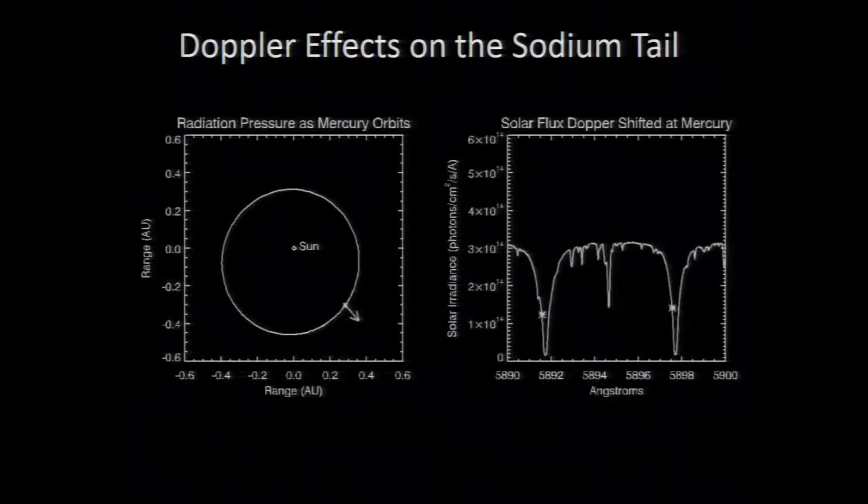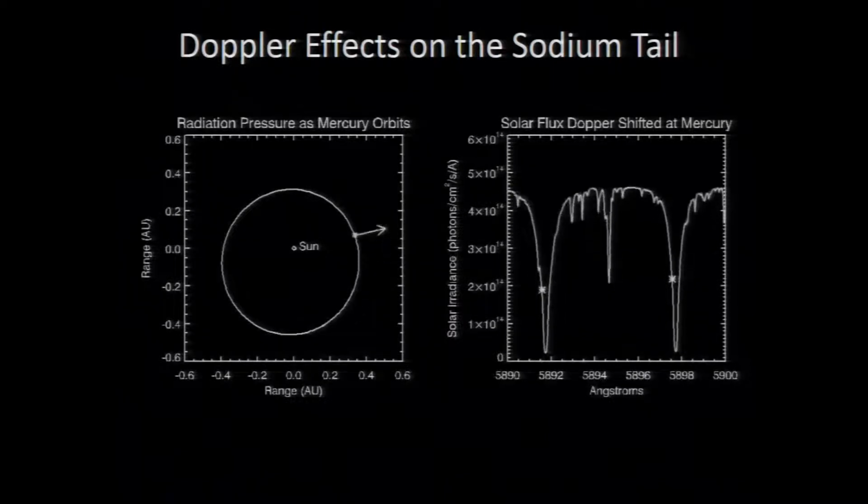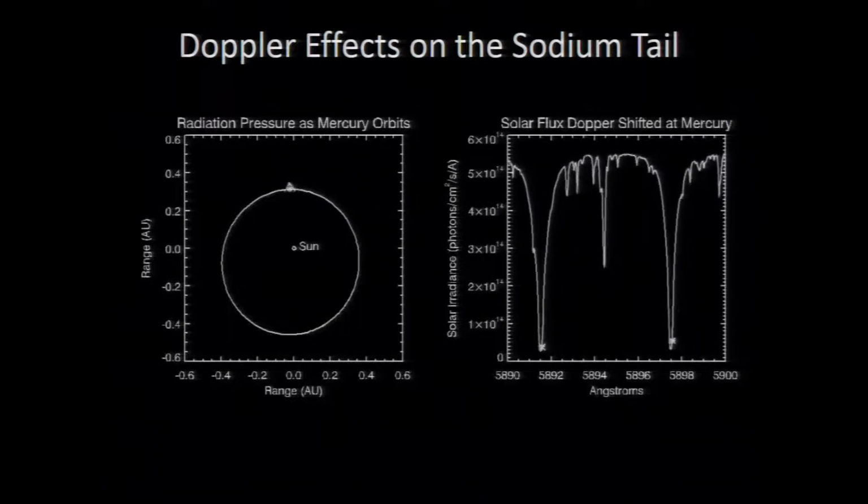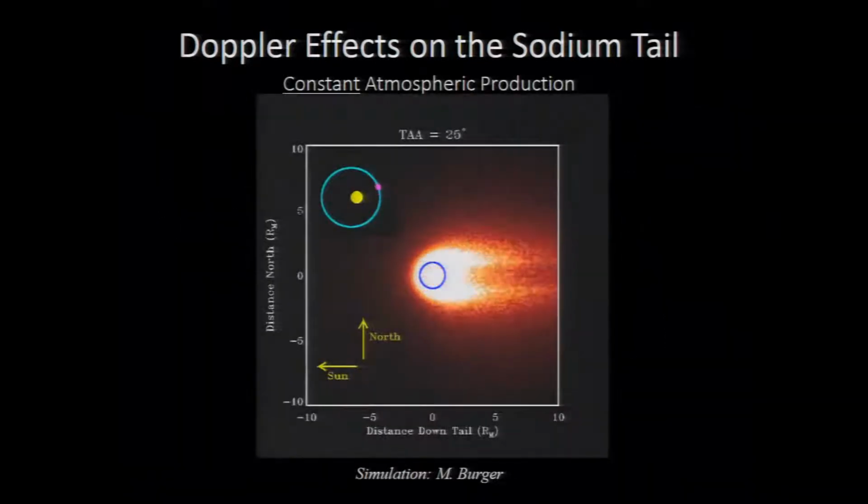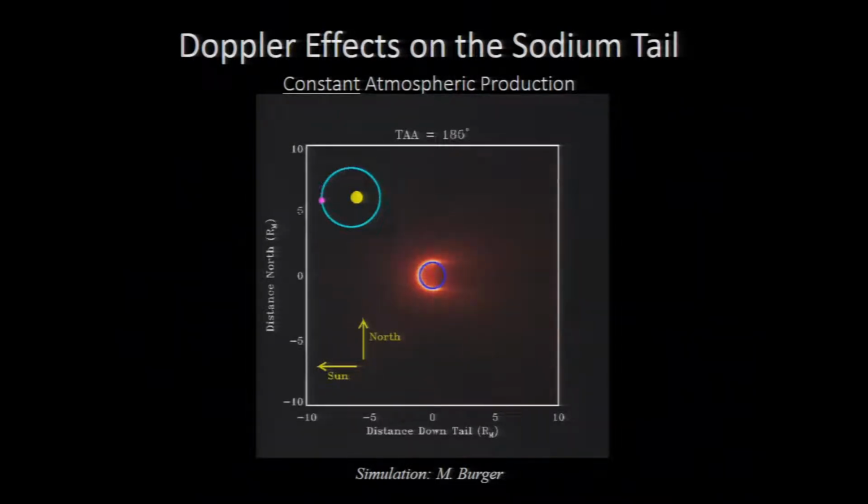That really changes the excitation rate for how bright the gas ends up being. If you take a constant atmospheric production rate at Mercury for sodium gas and look at how bright it is as the orbit evolves, you get really large-scale modulations, more than a factor of 10. So you need to correct for that effect when you're trying to interpret real changes in the atmosphere that are due to column density.